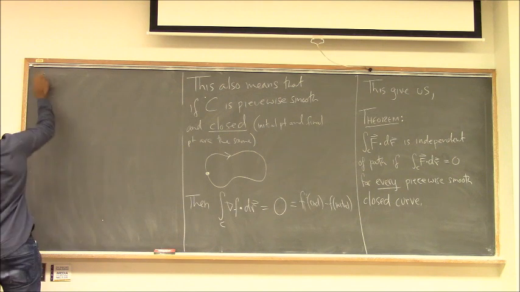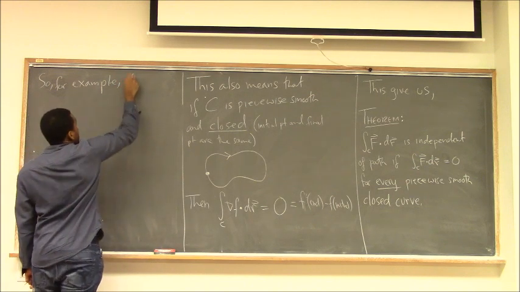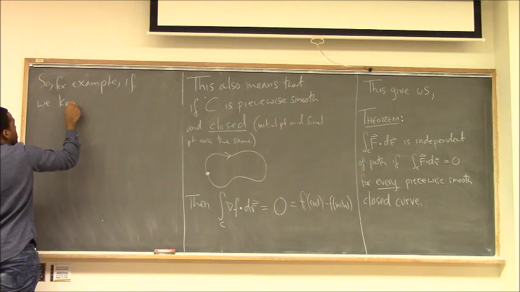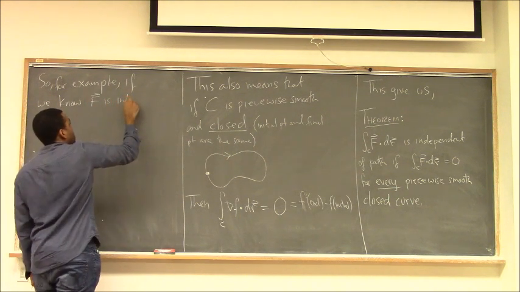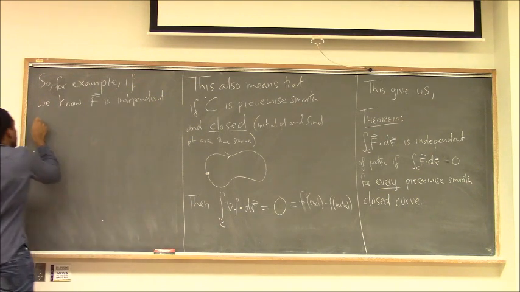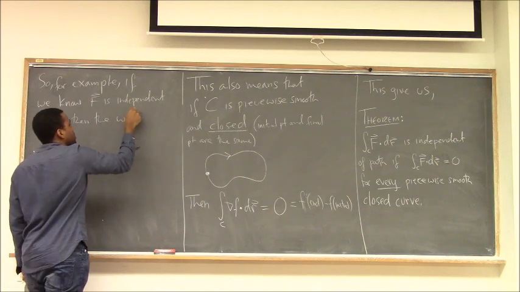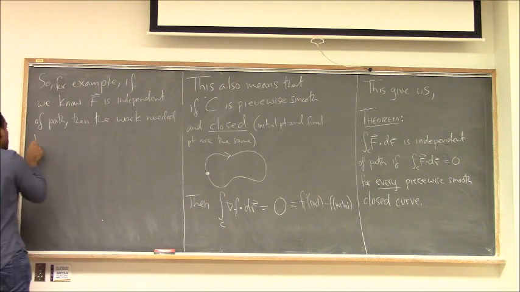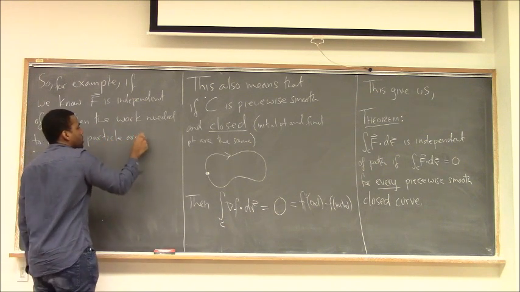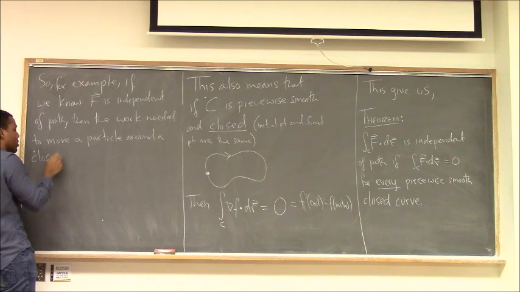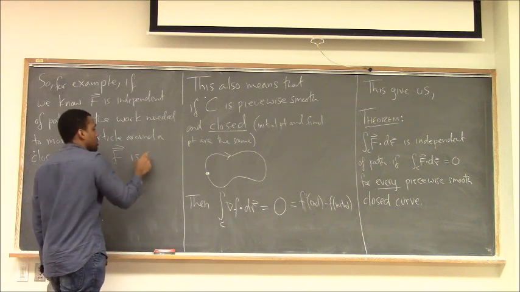So, for example, if we know F is independent of path, then the work needed to move a particle around a closed curve in F is always going to be 0.